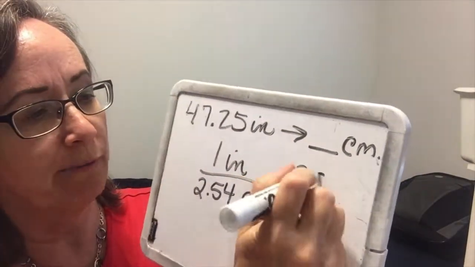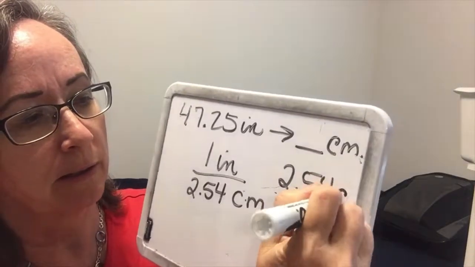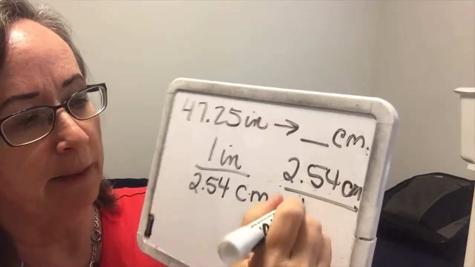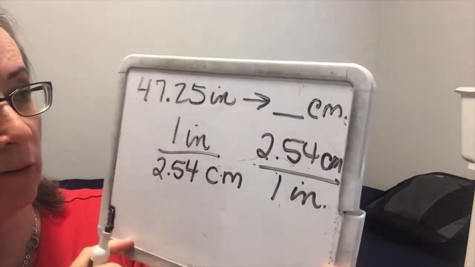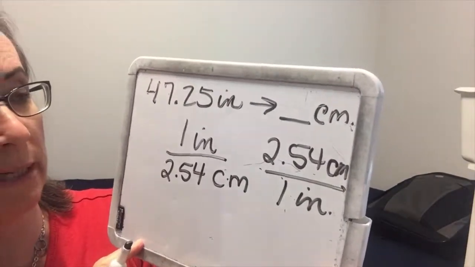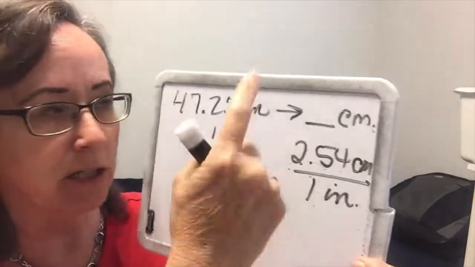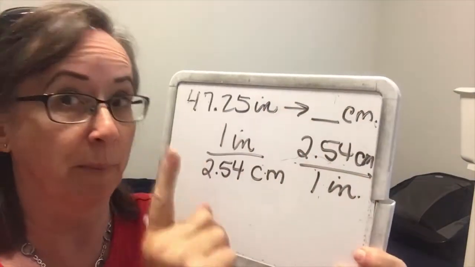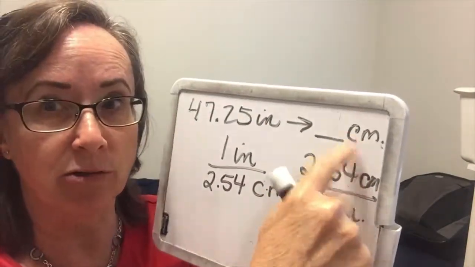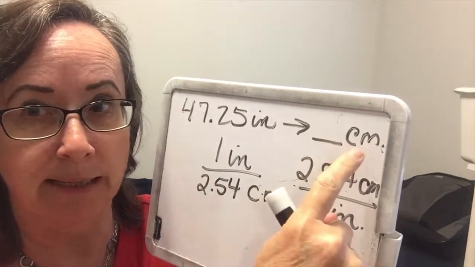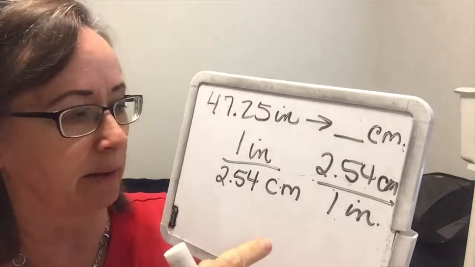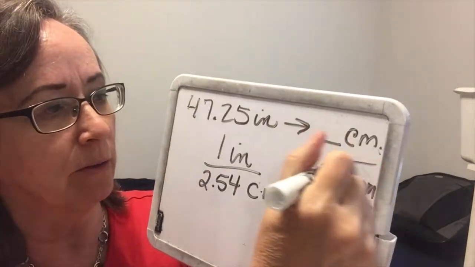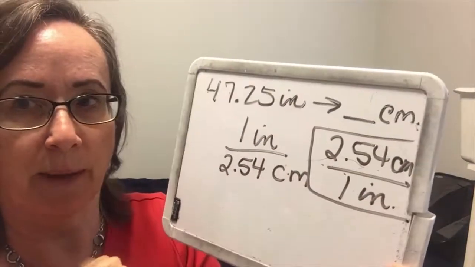Or 2.54 centimeters is the same thing as 1 inch. So we have to decide which one of these unit conversions we are going to need to go from inches to centimeters. So big hint, the one we're trying to go to needs to be on top, doesn't it? And the one we're trying to get rid of needs to be able to cancel on the bottom. So we want to use this one to do our math.